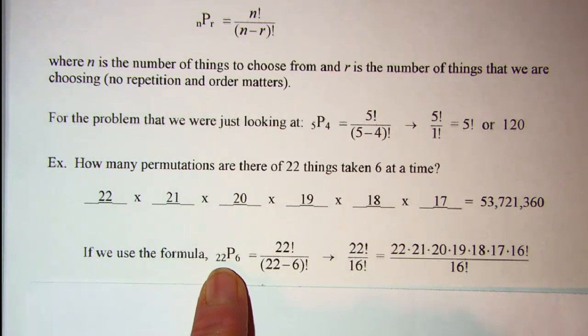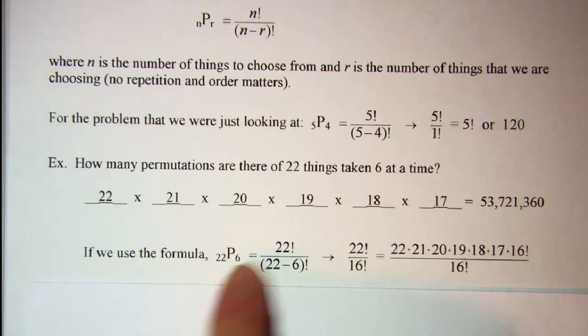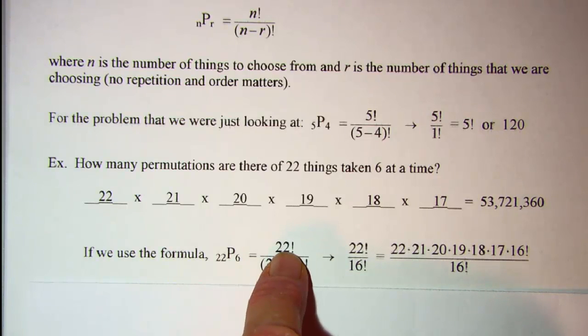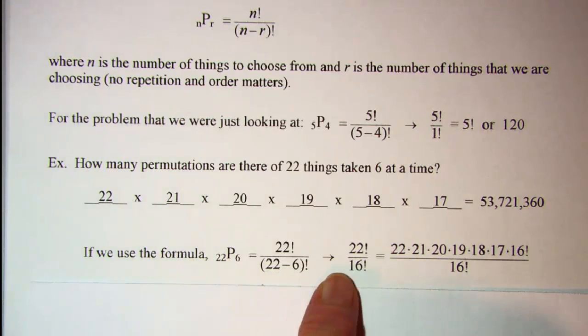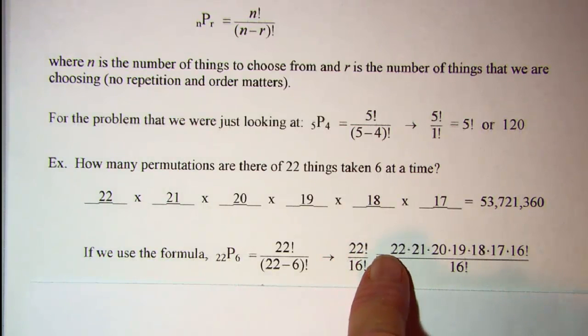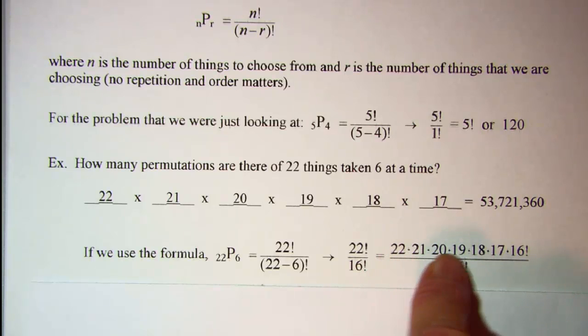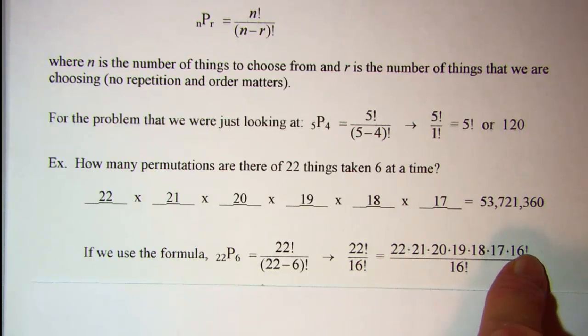Now if I look at this with the permutation formula, we have the permutation of 22 things, choose 6 at a time. So that's 22 factorial over 22 minus 6, which is 16. So 22 factorial over 16 factorial. Now if you simplify these factorials, 22 factorial you can write as the product of all the numbers going all the way down until I hit 16 factorial.